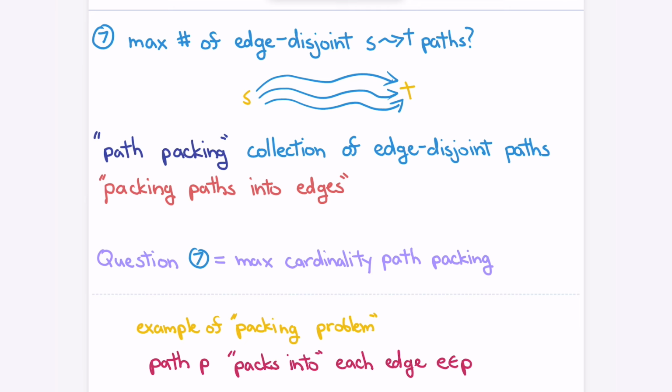That first question, which is really max flow, is a packing question. I'm thinking of trying to fit as many S to T paths as I can into the graph. Every time I take a path, it uses up all those edges. So I'm packing. I'm trying to fit something in.